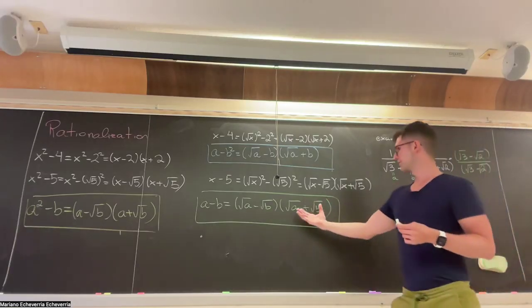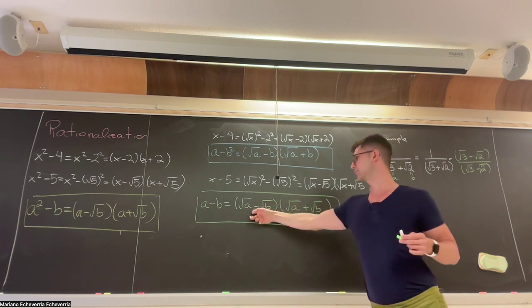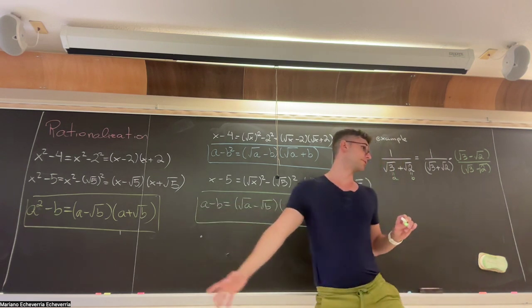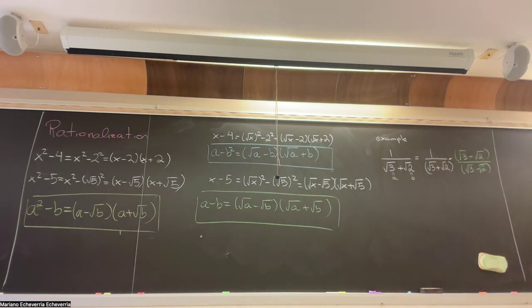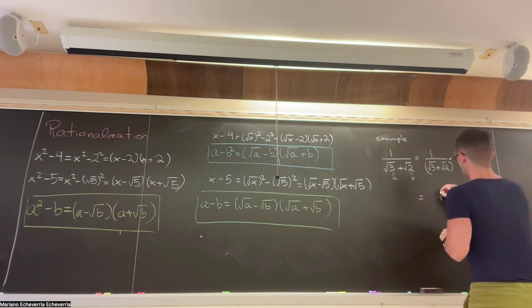And so what the square root formula says is that if you multiply by the same thing but with the opposite sign, you will get rid of the square roots. It'll be 3 minus 2 at the bottom. So let's think about what happens. When you multiply the numerators, you get 1 times this, that's just root of 3 minus root of 2. So that's what happens with the numerator.